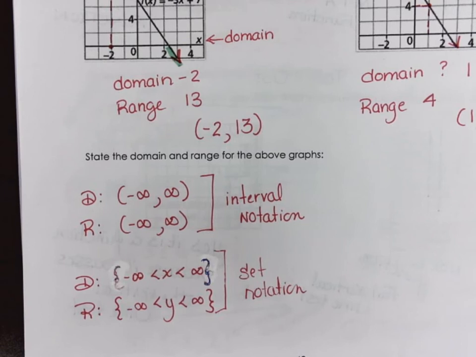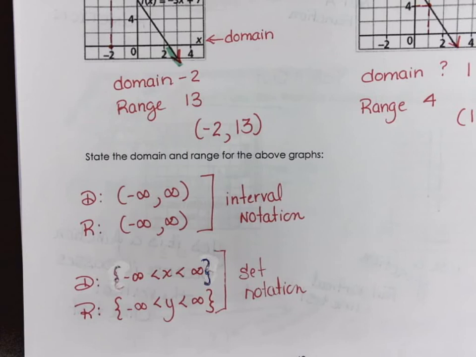So I did both because I wasn't sure which one you were going to do it in. How many people chose set notation, fancy brackets? Okay, all right. I like your commitment to fancy brackets. And then I'm assuming the rest of you chose interval notation.